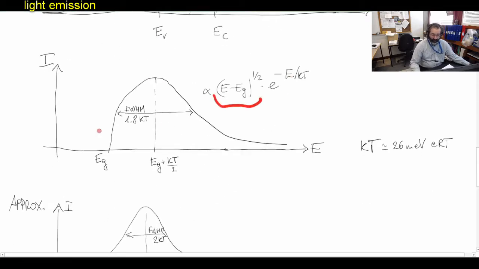So this term here is responsible for this initial part, and then we have an exponential term that is decreasing, and this is this term here, which also is related to the Boltzmann distribution and so on and so forth.